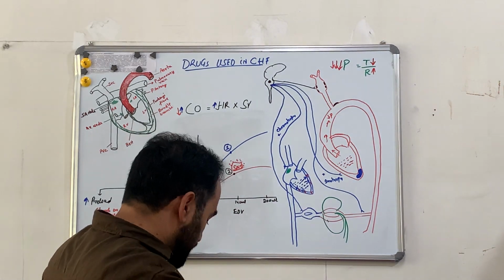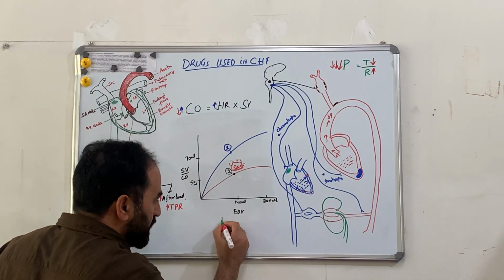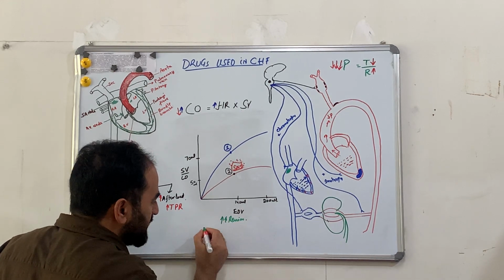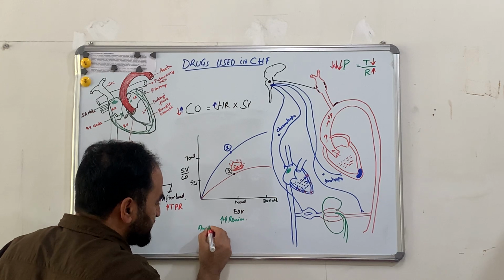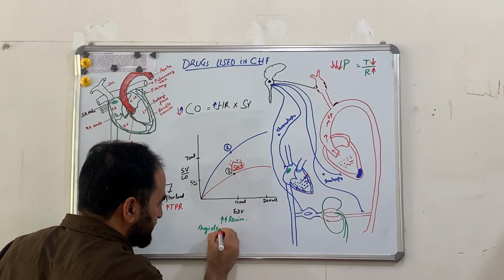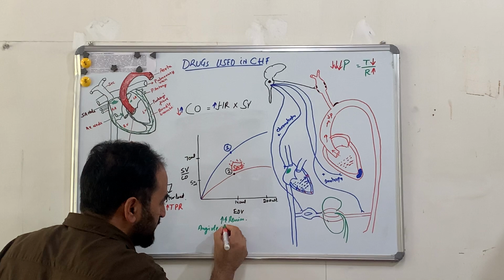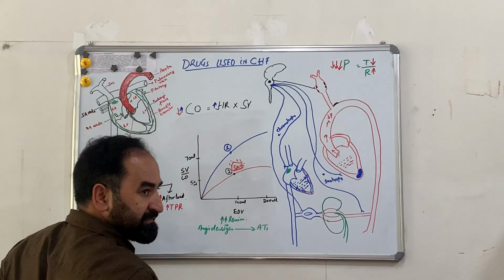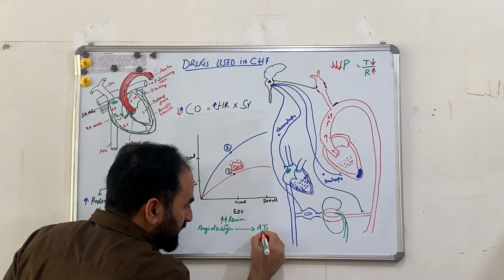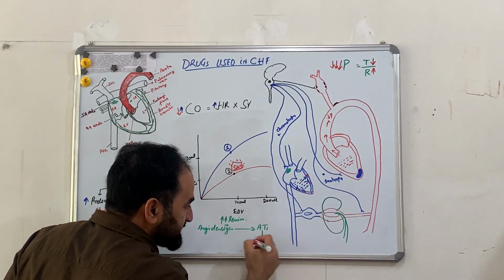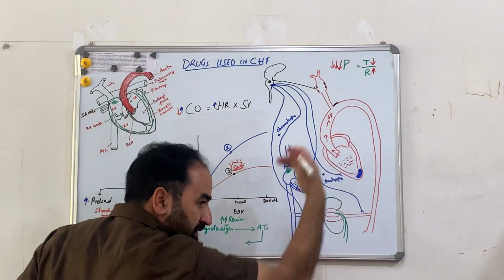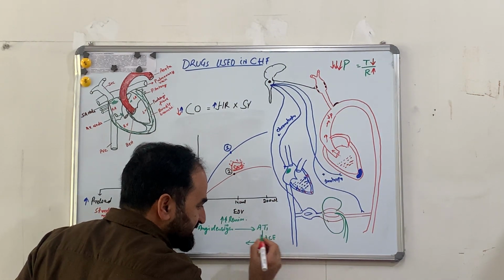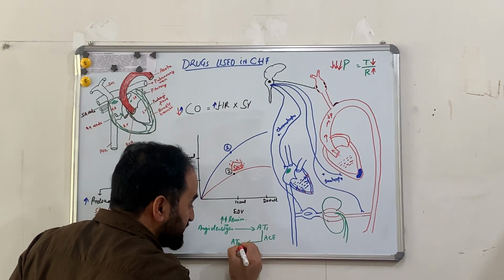Renin converts angiotensinogen from the liver into angiotensin 1, and angiotensin 1 is converted with the help of an enzyme from the lungs, known as ACE, angiotensin converting enzyme, into AT2.